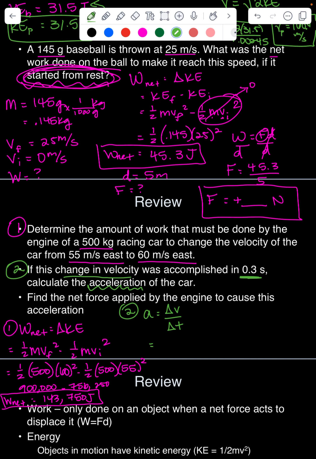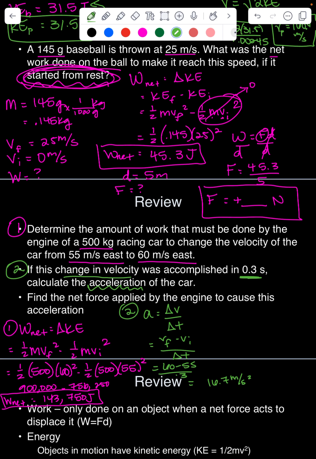A delta anything is going to be final minus initial. So we have our final velocity minus our initial velocity, so that's 60 minus 55 divided by our time interval of 0.3. That's going to give us 5 divided by 0.3, which does give us 16.7 meters per second squared.